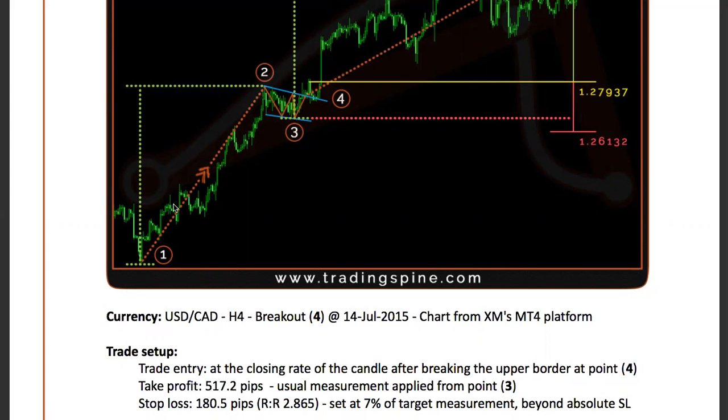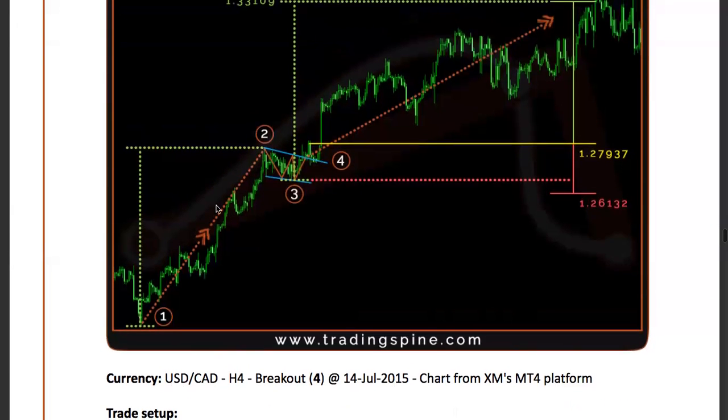After this pullback, we have a breakout here and then a retracement on the resistance, then an impulsive move to the upside. So now we have 1 to 2, which is the major trend, then 2 to 3, which is the pullback, 3 to 4, which is the breakout, and retracement then to the upside.